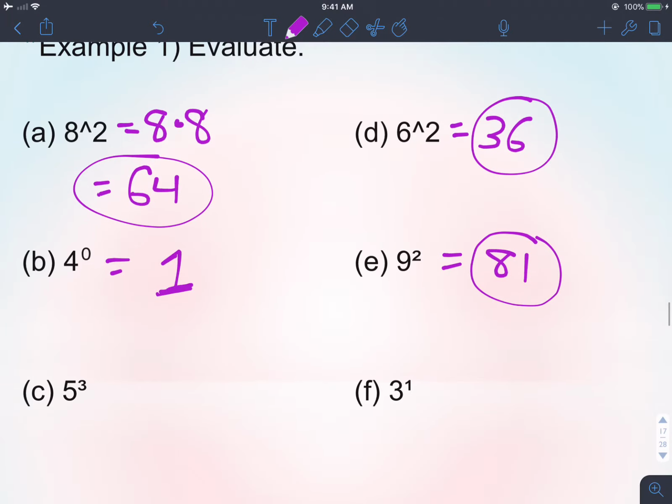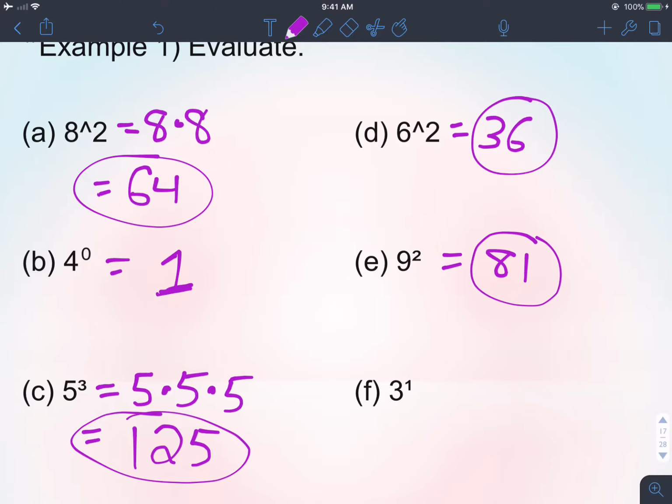Okay. Got to think about it a little bit. 5 to the third power. It's the same as saying 5 times 5 times 5. There's 3 of them. Is, what did you say? 125. So you have to do 5 times 5 is 25, and then 25 times 5.